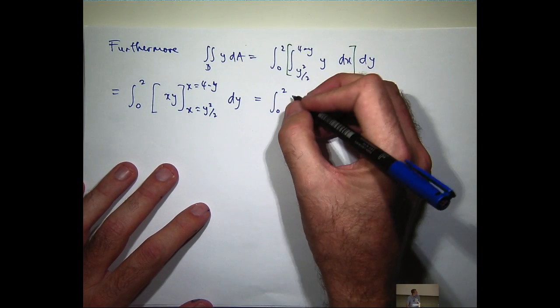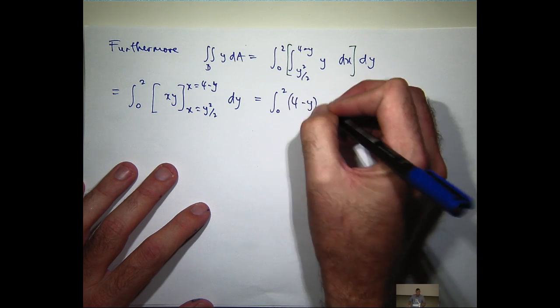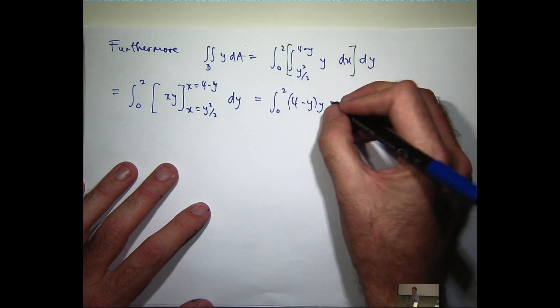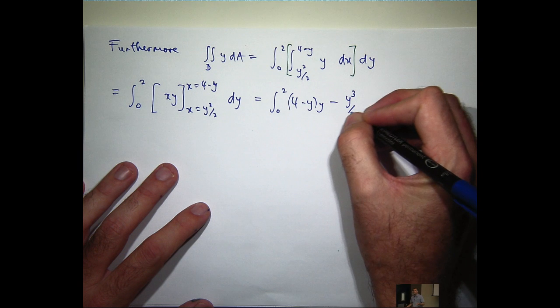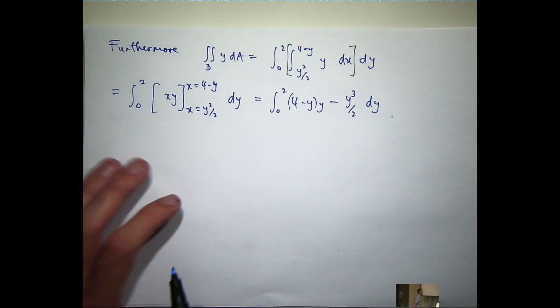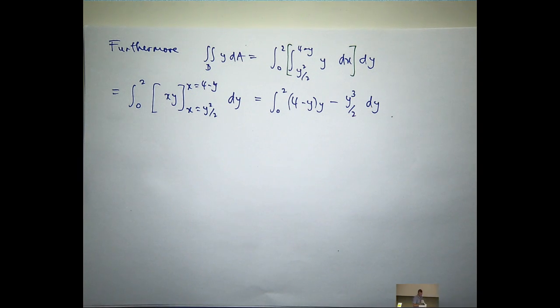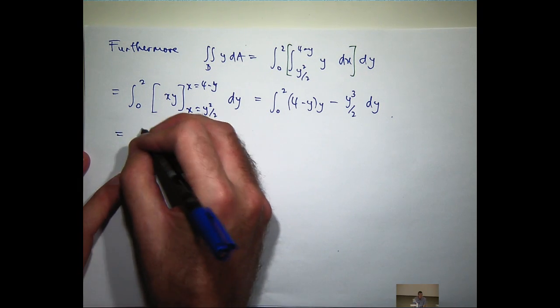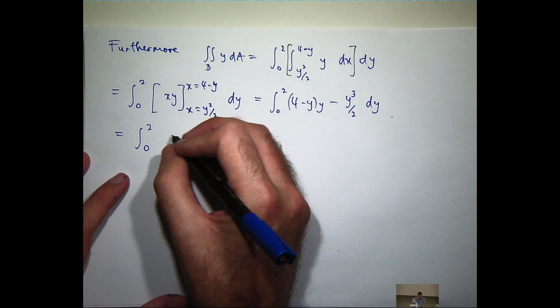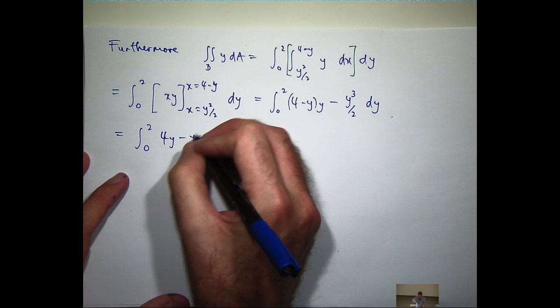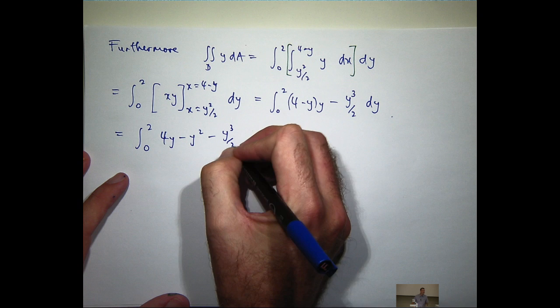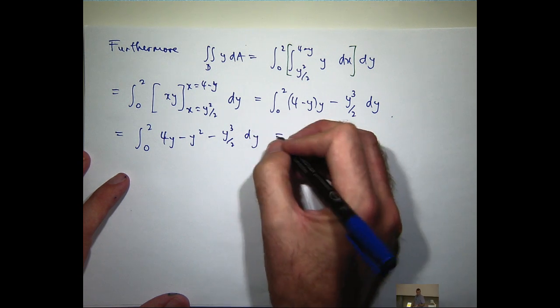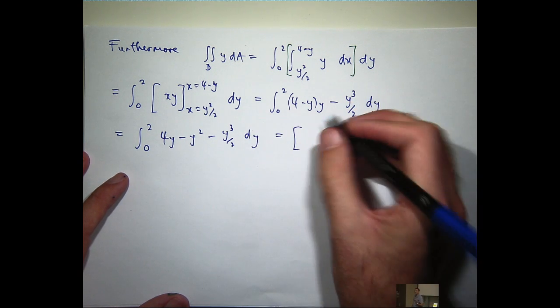I'm going to get something like this, 4 minus y. That's the first one, then I plug in that. I'm going to get y cubed on dy. So I am going to expand that bracket and then do the last integral. So I'm going to get 4y minus y squared minus y cubed on 2. So let's just integrate this term by term.